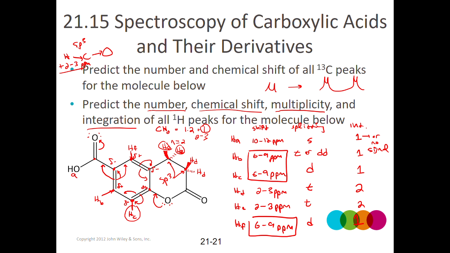So C might be closer to the 6 to 7 ppm range, and B and F might be closer to the 7 to 9 ppm range. So I may ask you to rank protons that are on an aromatic ring within that range, depending on how resonance affects the shielding or de-shielding of the carbons that the protons are bonded to.